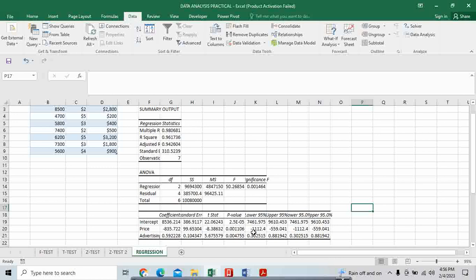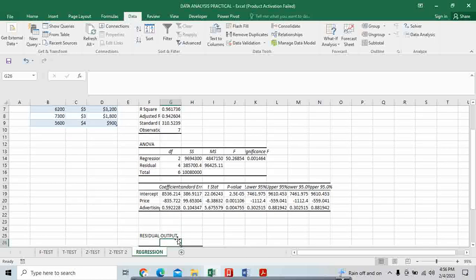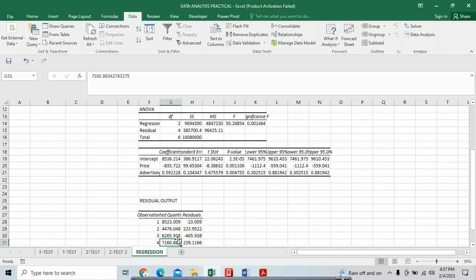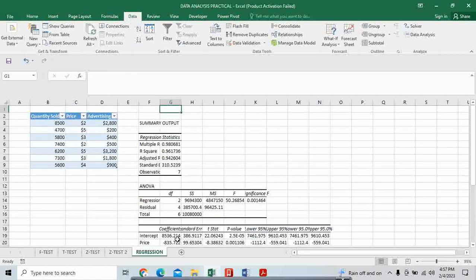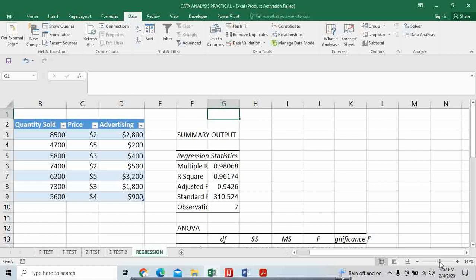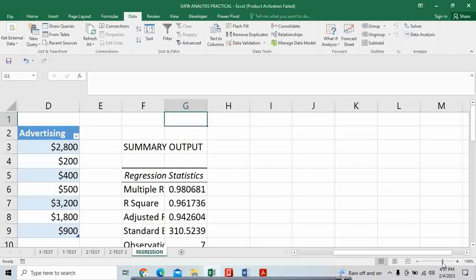You can see the summary output here, having regression statistics, I'm having ANOVA itself. Now it is coming, I'm having coefficients. And not just this, I must have residual output down here.